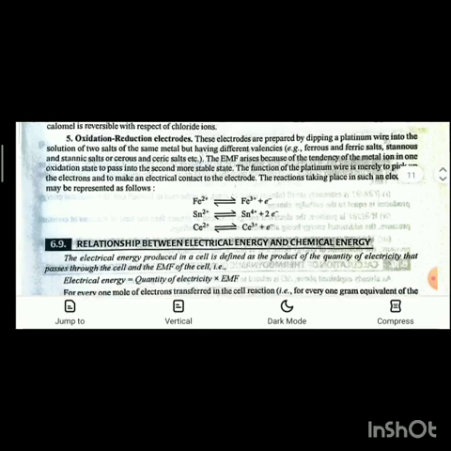These electrodes are prepared by dipping a platinum wire into the solution of two salts of the same metal but having different valencies, for example, ferrous and ferric salt, stannous and stannic salt, or cerous and ceric salt, etc. The EMF arises because of the tendency of the metal ion in one oxidation state to pass into the second more stable state.